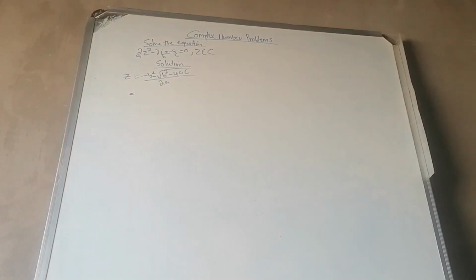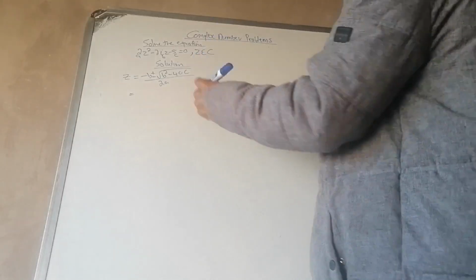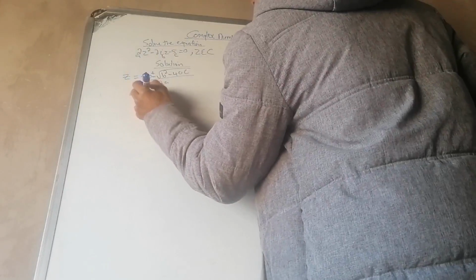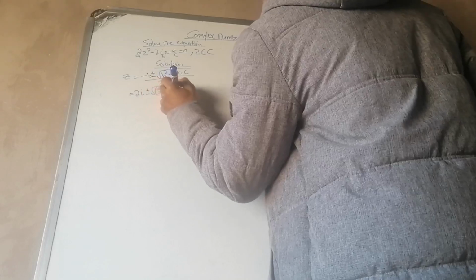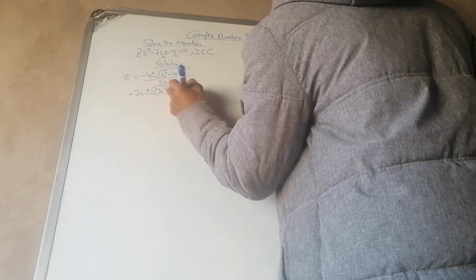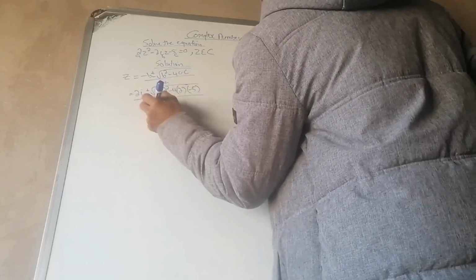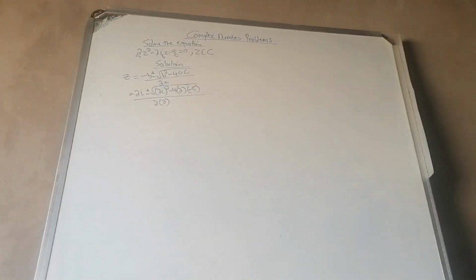And so my value of b will be minus 2i. So this will be negative times negative, which will give you a positive 2i, plus or minus the square root of 2i squared minus 4 into a into c, divided by 2 into a. Remember, we are solving for z.